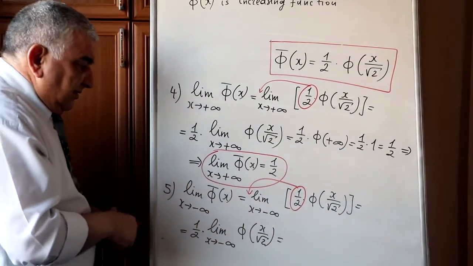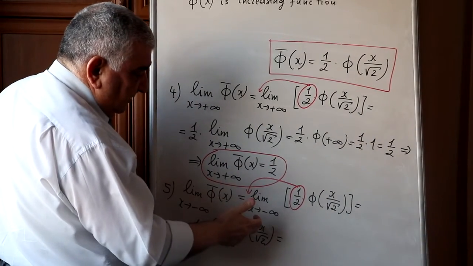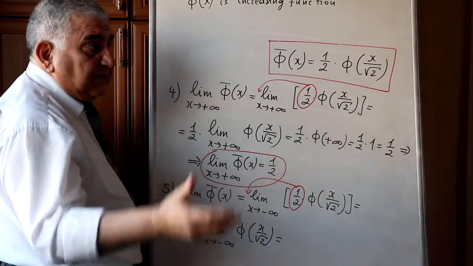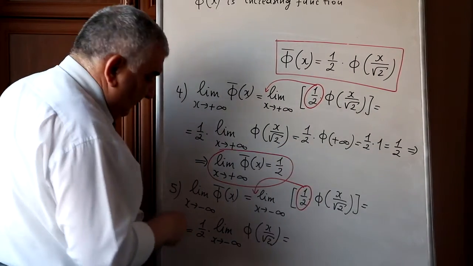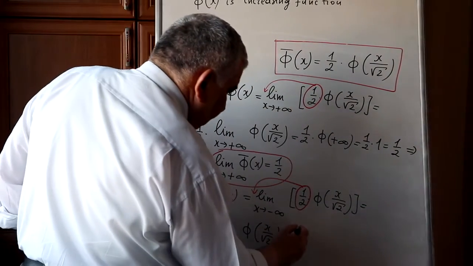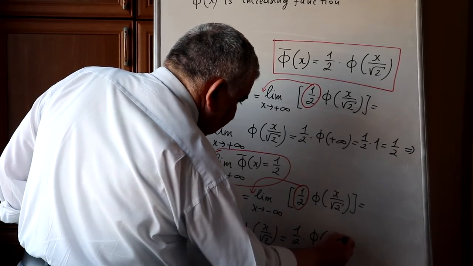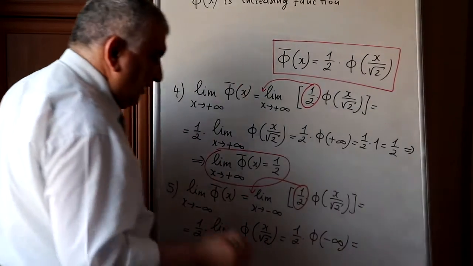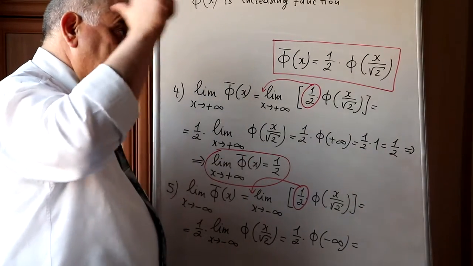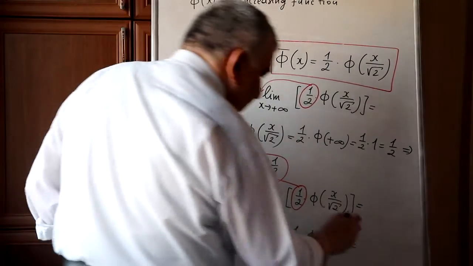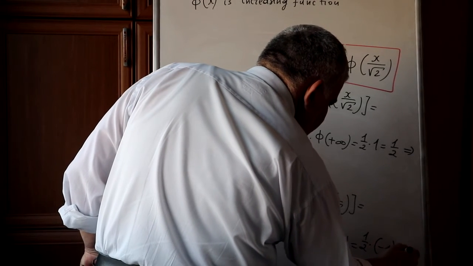If we substitute minus infinity instead of x, we will obtain minus infinity divided by square root of 2, which gives minus infinity. Therefore, we have 1 second multiplied by phi at minus infinity. And you know that at minus infinity the limit of the error integral is minus 1. 1 second multiplied by minus 1 is minus 1 second.